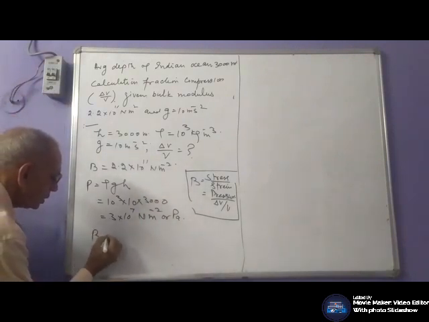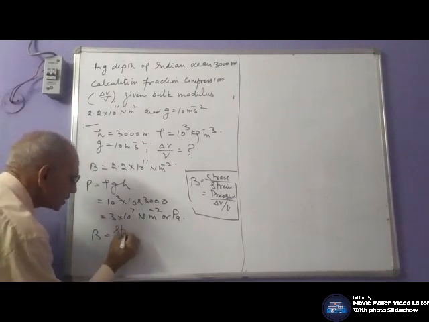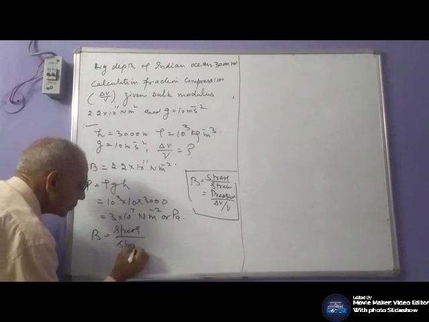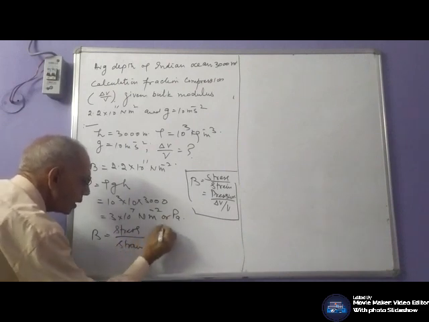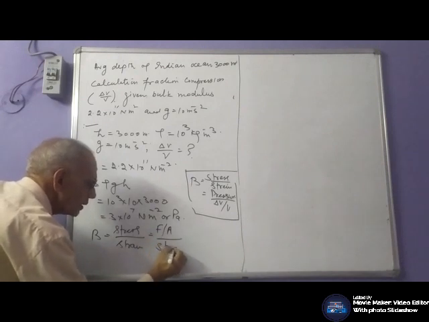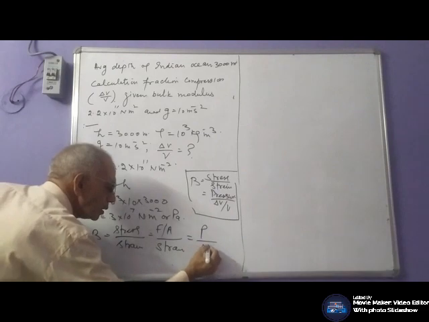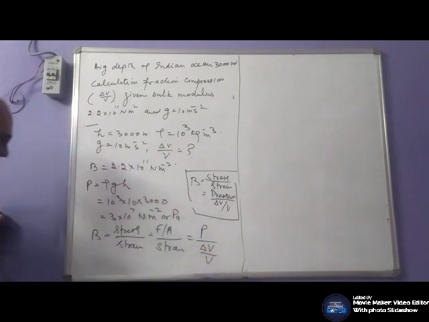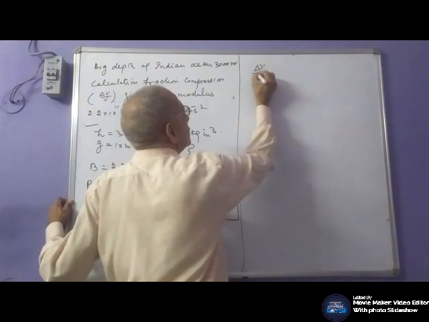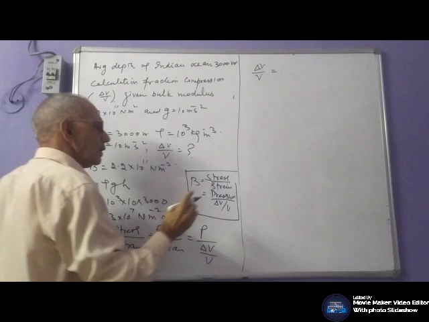Now B is stress by strain, or F by A by strain, or it is pressure over delta V by V. We have to find this. Take this to this side.